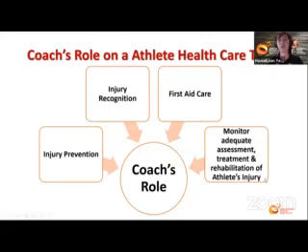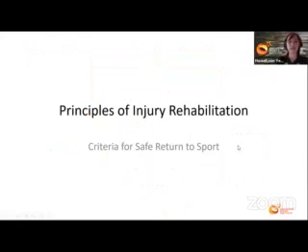This week we're going to look at monitoring and adequate assessment and treatment of rehabilitation of athletes' injury. For this afternoon's session, we're going to cover the principles of injury rehabilitation, and also talk a little bit about the criteria for safe return to sport.